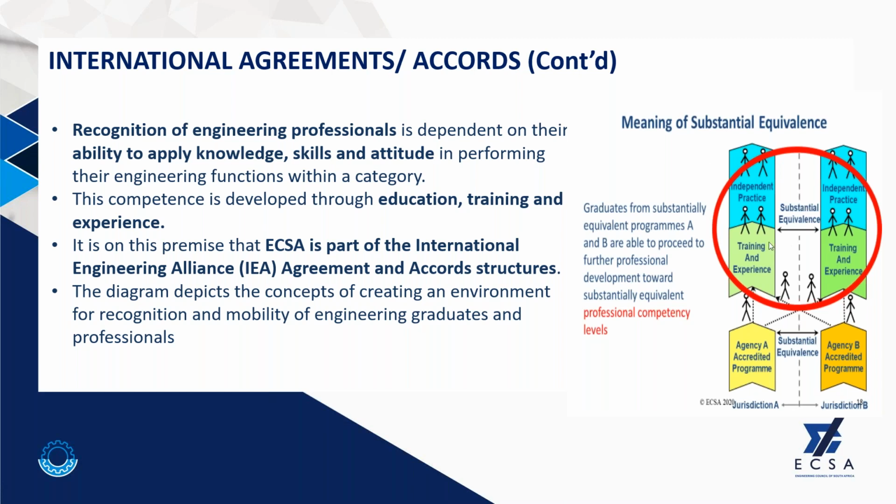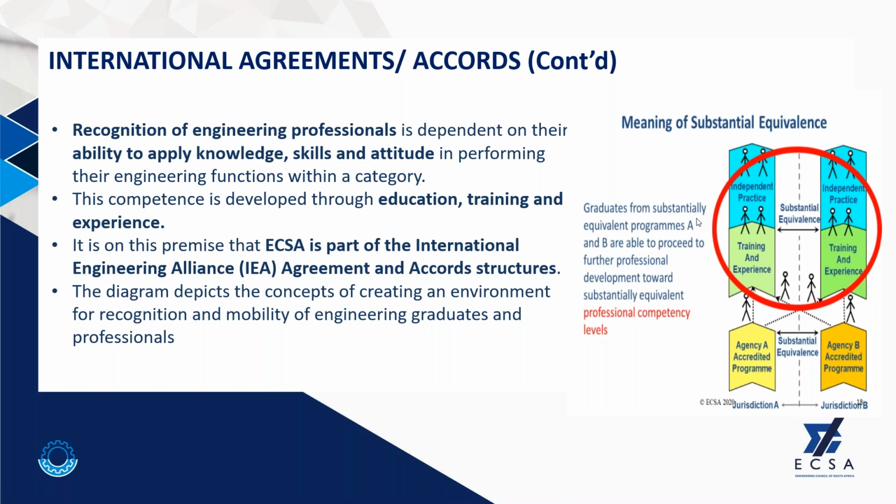The diagram that you're seeing over here depicts the concept of creating an environment for recognition and mobility of engineering graduates as well as professionals. I'm not going to go through the diagram, but let me read what it says here.